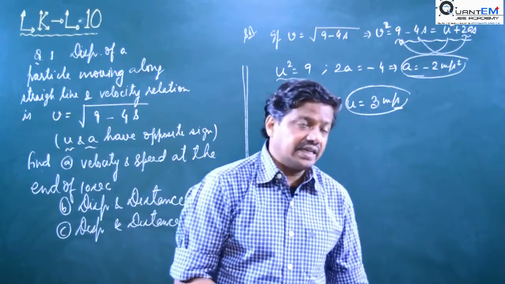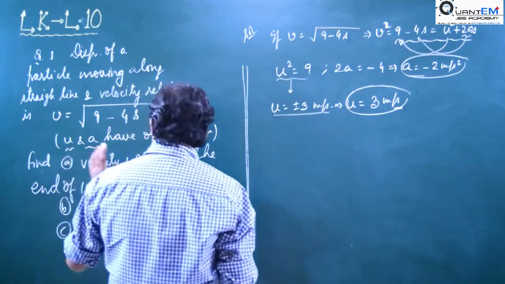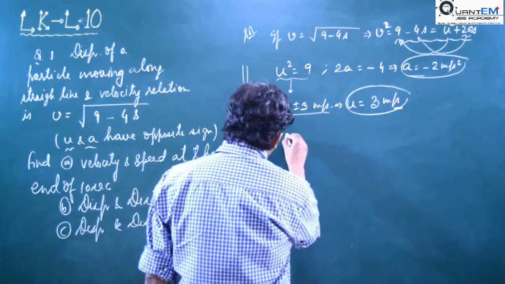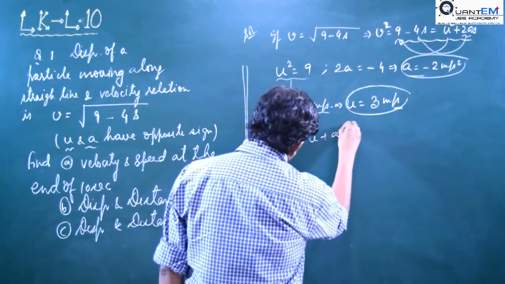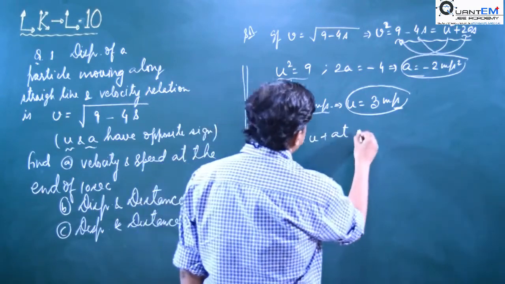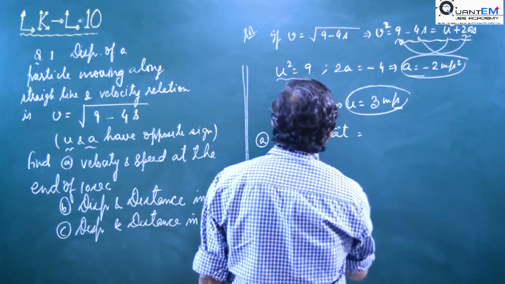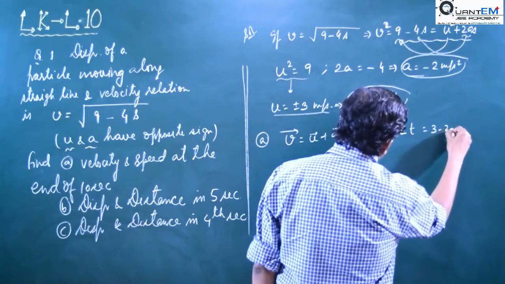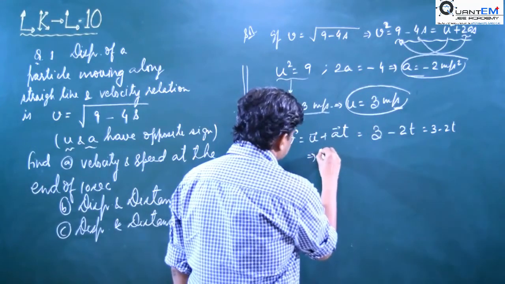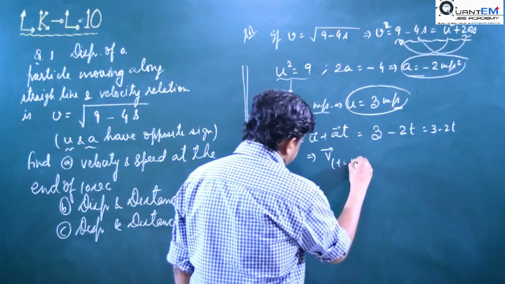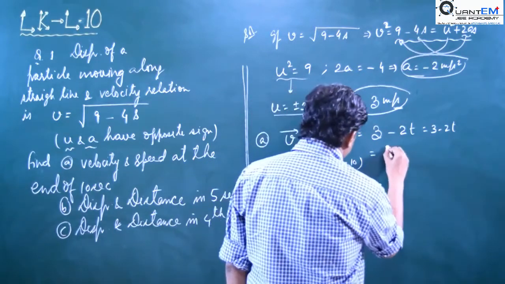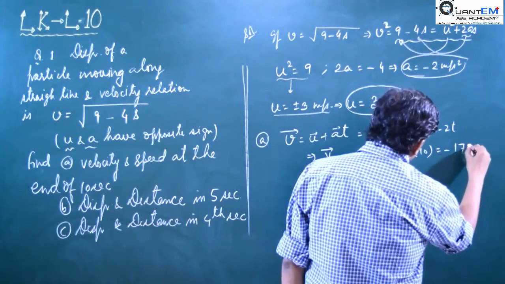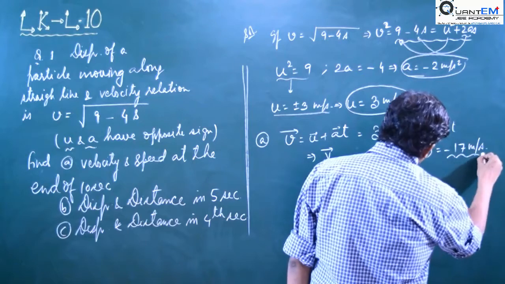For getting velocity directly we may use the formula. So we come to the first part. Velocity at any time t, the formula is u plus at. That is, u we have 3, and a is minus 2, so 3 minus 2t, and at the end of 10 seconds the velocity is 3 minus 2 into 10, minus 17 meter per second.